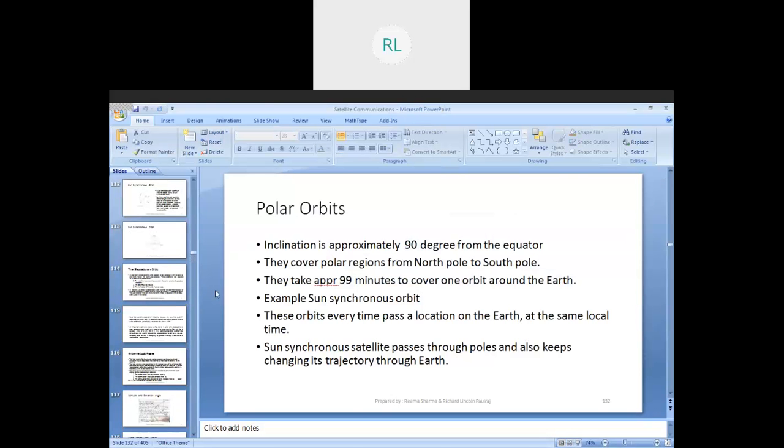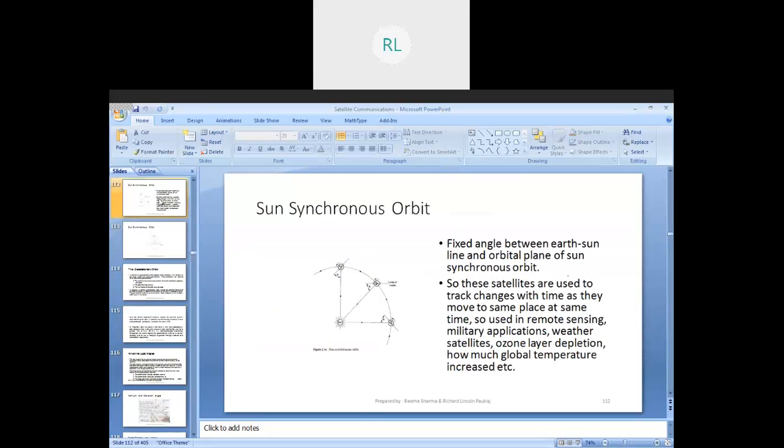So about 100 minutes, 99 to 100 minutes it takes to go around the earth, less than 2 hours. Next you have the sun synchronous orbit. That's one of the examples. We will be seeing that in the upcoming slides as to what your sun synchronous orbits are.